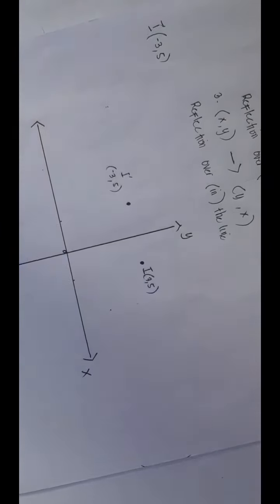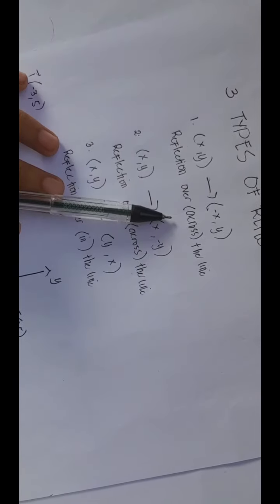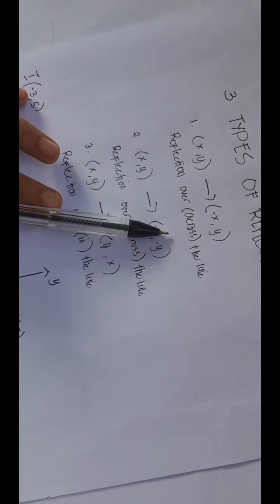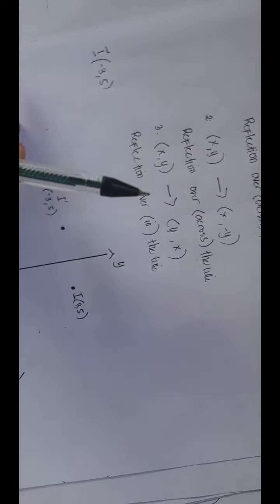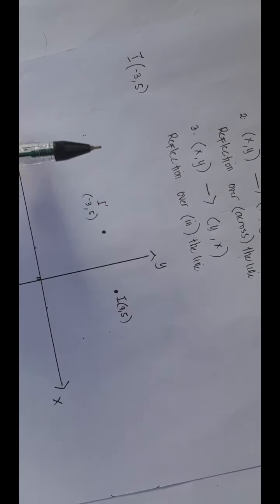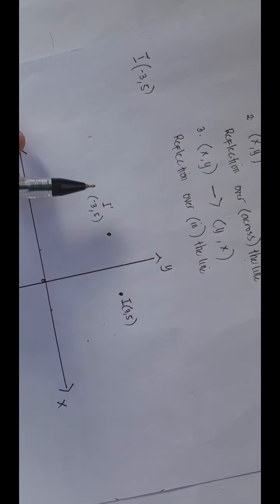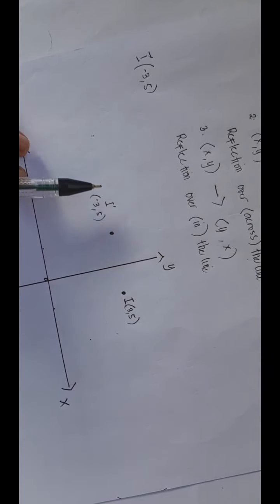Okay, so using rule number 1, (x, y) is mapped into (negative x, y), we get negative 3, 5 as our point I prime.